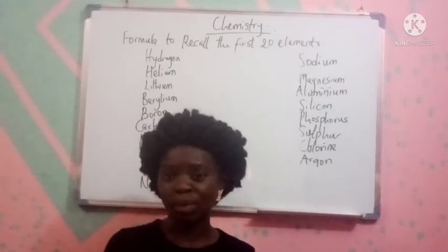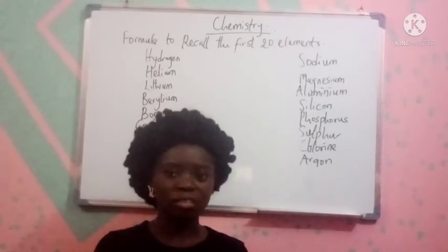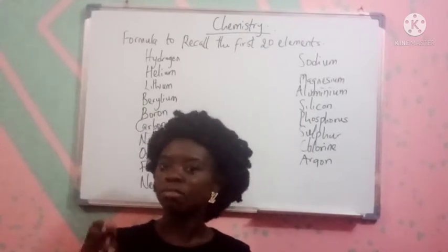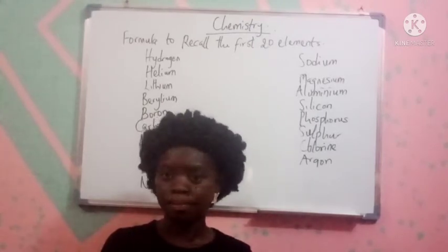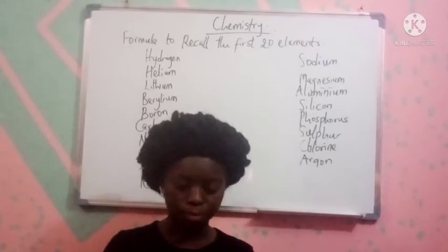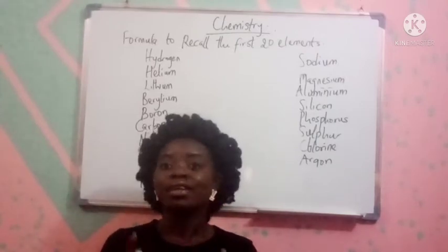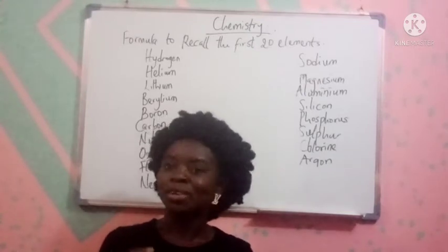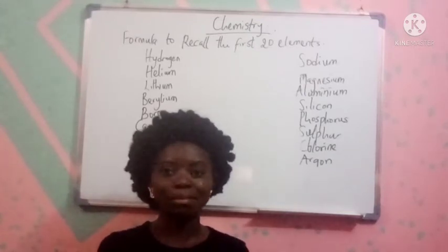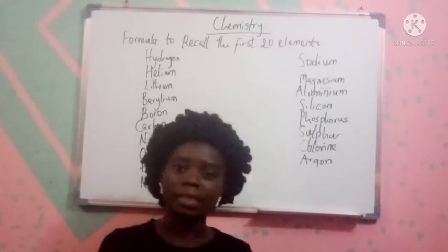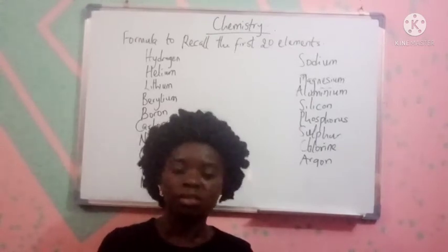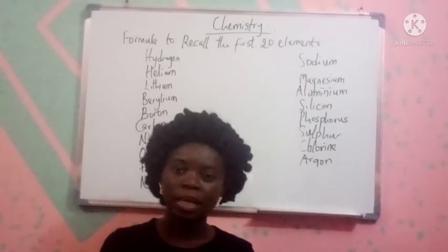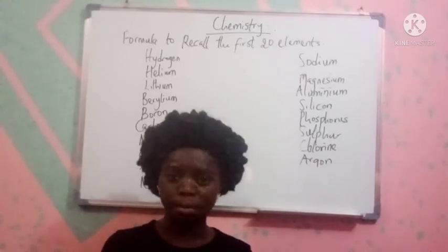And don't forget, the atomic number of an element is the number of protons contained in its atom. So anytime you are talking about atomic number, you're talking about how many protons are present in that particular element.